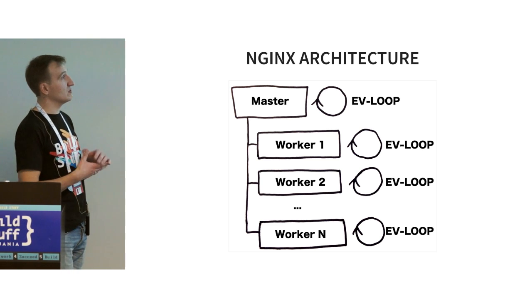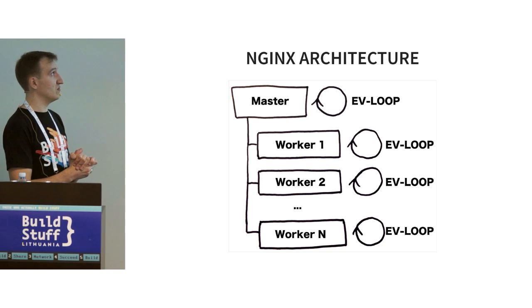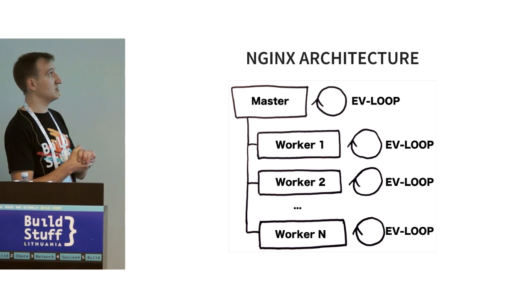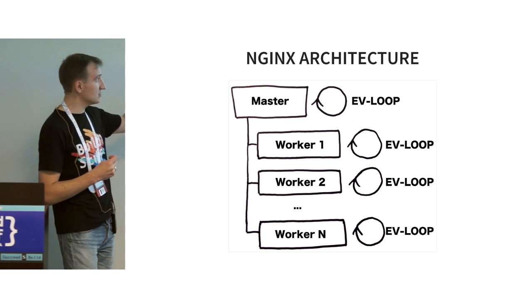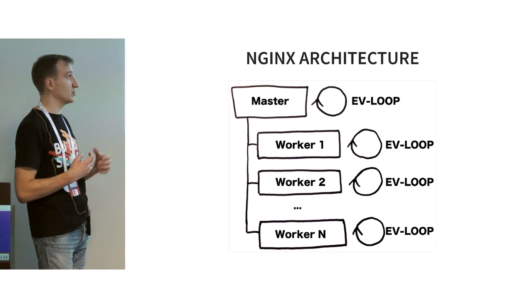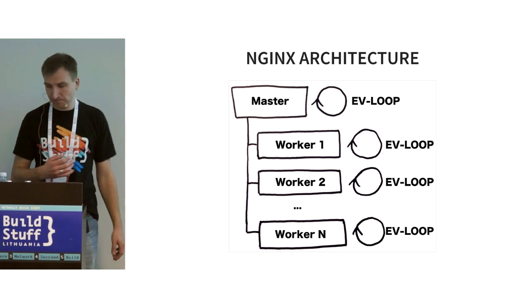For example, there's the event module, which is responsible for accepting connections. All the connections are accepted by the master process, and then they are sharded and balanced to its child worker processes for further processing.